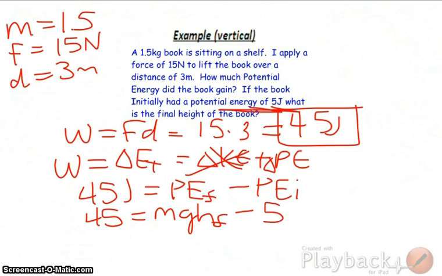Now if we can take away this m, this g, m is 1.5, g is 9.8, so 9.8 times 1.5 gives us 14.7.